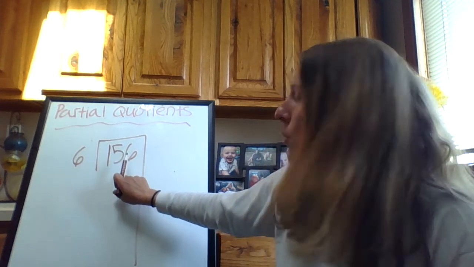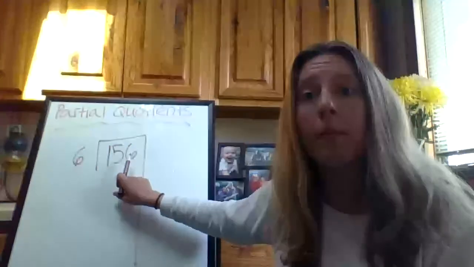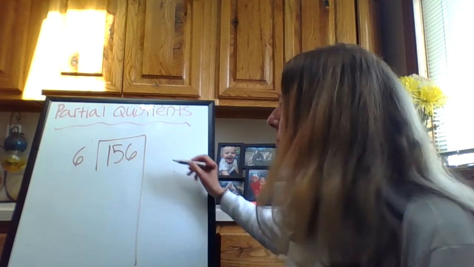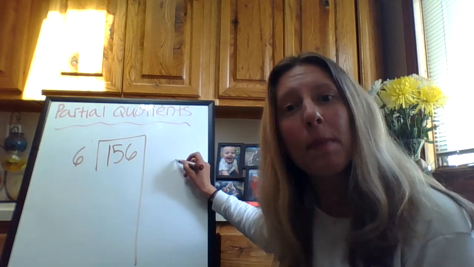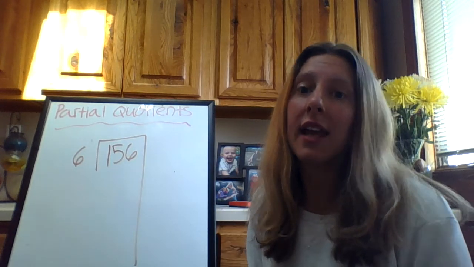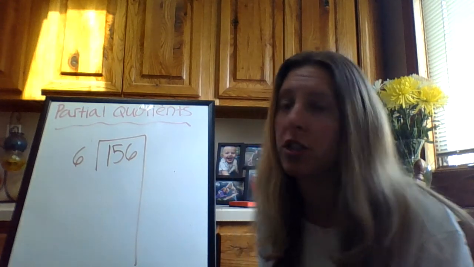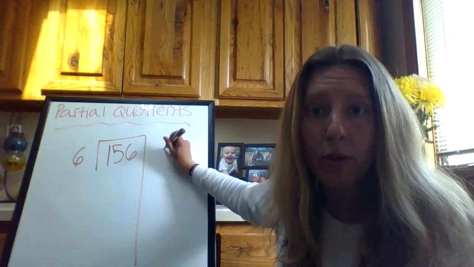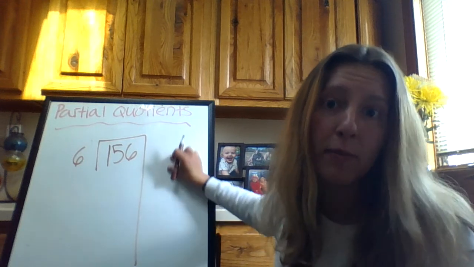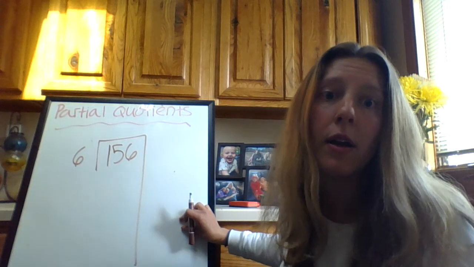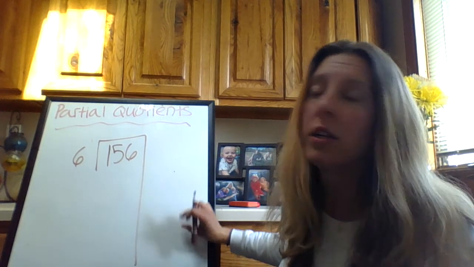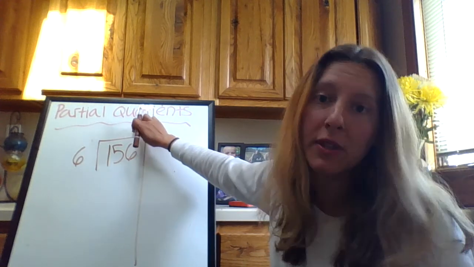But because 156 is a big number, we want to try to start with a number on the side that's a little bit bigger. But if that is hard for you, just remember you could start with 2. It doesn't matter what numbers you write on the side. Everybody might start with a different number. What matters is that you all multiply correctly to come up with the same answer.